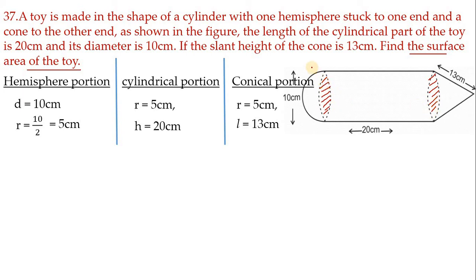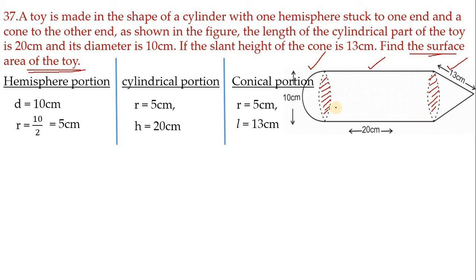Then what did we want to find? We wanted to find CSA, curved surface area of a hemisphere, curved surface area of a cylinder, and curved surface area of a cone. In the problem they ask just surface area of the toy. Generally surface area of the toy means we find total surface area, but many children do it wrong here. They find TSA of hemisphere, TSA of cylinder, and TSA of cone.